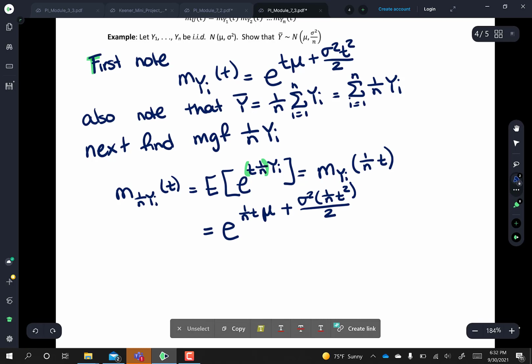By a similar argument, up at the top we have the moment generating function for the normal evaluated at t. Here we're evaluating at 1 over n t. Oops, I'm sorry, that squared should be outside. We have 1 over n times t, that whole quantity squared.